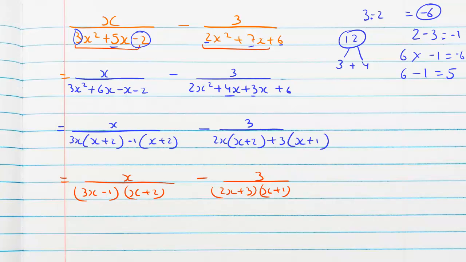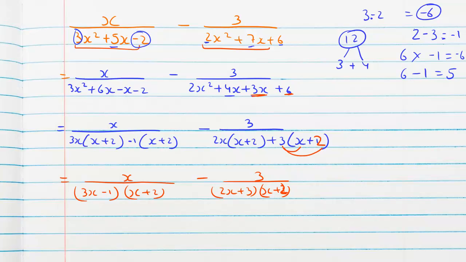Okay, and now we simply need to solve them. So over here, oh, this is my mistake, this is actually x plus 2, because 3 times x we get 3x, 3 times 2 we get, yeah.